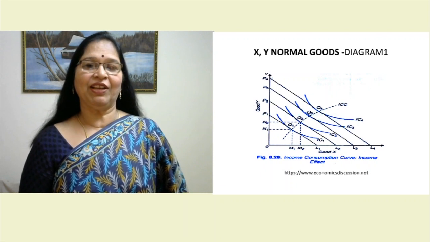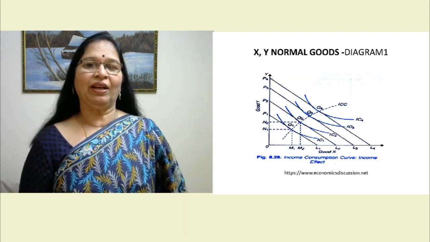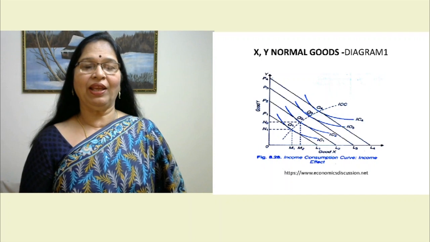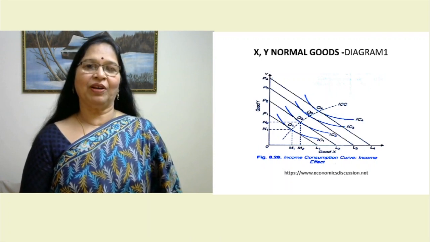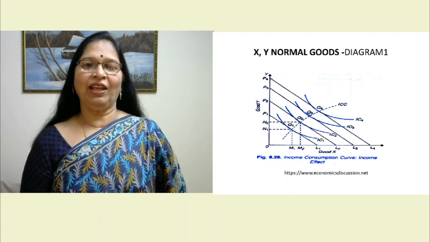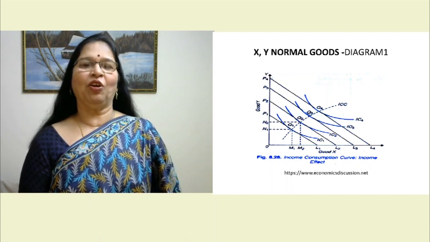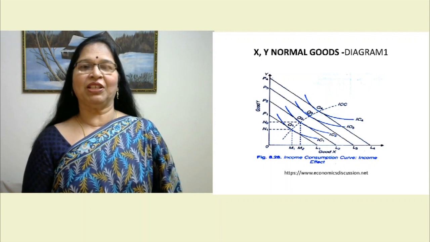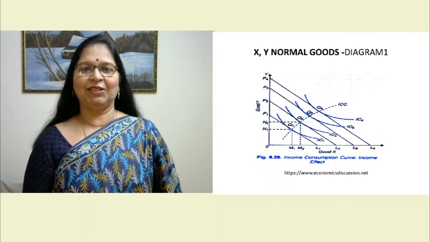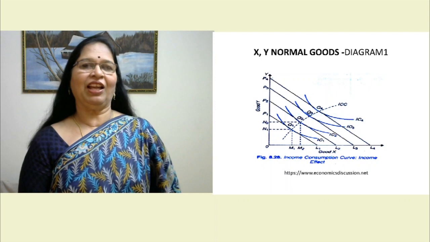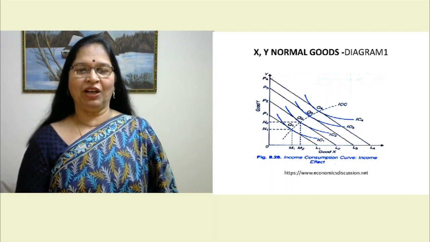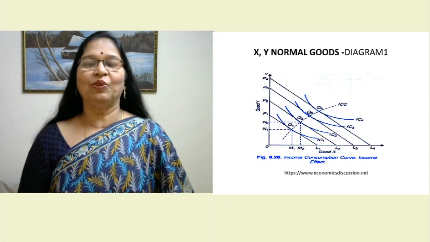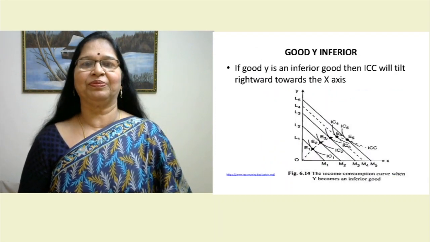Let me first give a situation where commodity Y is an inferior good. Consumer good Y is inferior. What kind of income consumption curve will you get because of that? I hope you have understood the logic of it, and therefore drawing this new curve is not difficult. So let's see how it looks like.